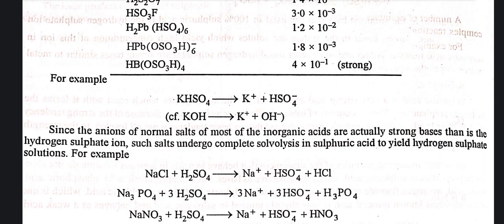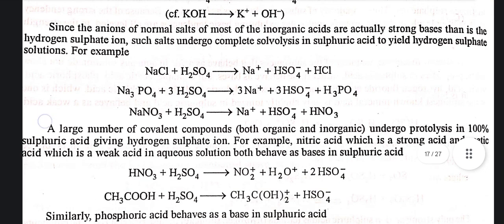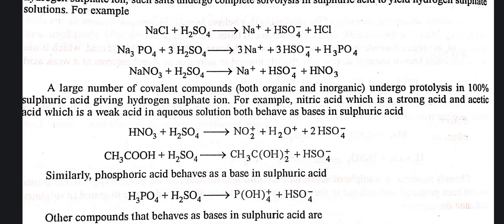Since the anions of normal salts of most of the inorganic acids are actually strong bases, stronger than the hydrogen sulfate ion, such salts undergo complete solvolysis in sulfuric acid to yield hydrogen sulfate solutions. A large number of covalent compounds, both organic and inorganic, undergo protolysis in 100% sulfuric acid, giving hydrogen sulfate ion.